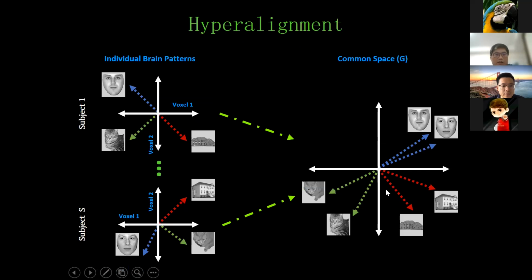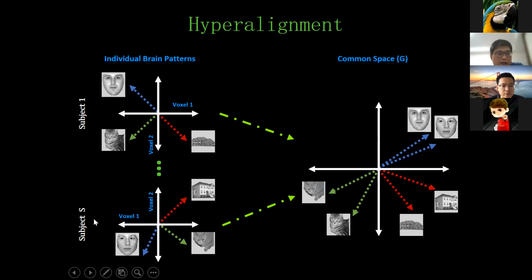And there is a big problem for brain decoding. That is, different subjects will have very different patterns. For example, here for subject 1, we can see if this person sees an image of a fish or a house.